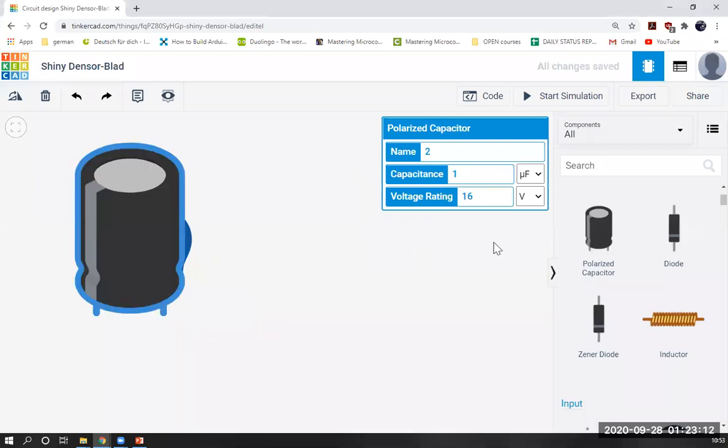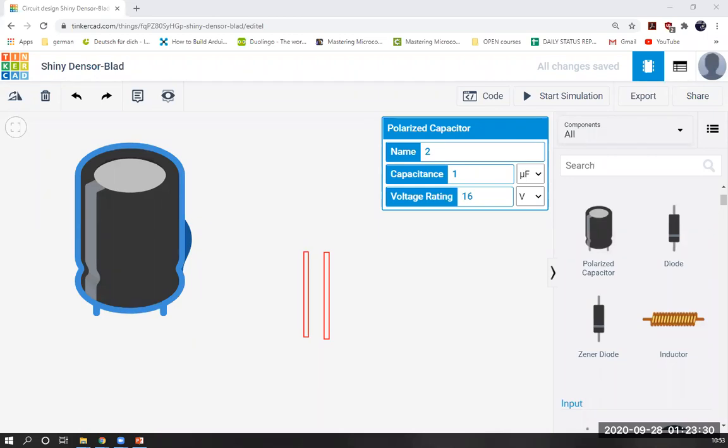But basically what is the work of a capacitor? See, a capacitor looks like this. Internally its structure is like this. There are two plates. Let me say this is plate 1 and this is plate 2. There are two plates divided by a medium.